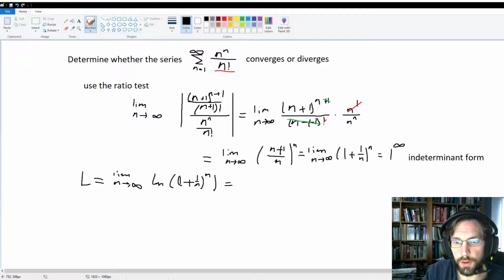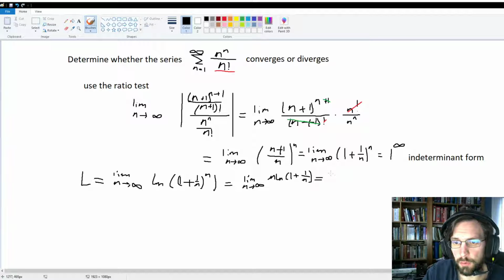Using log properties, we can pull the n out front. So this is the limit as n goes to infinity of n times the natural log of 1 plus 1 over n, which is indeterminate form infinity times 0.